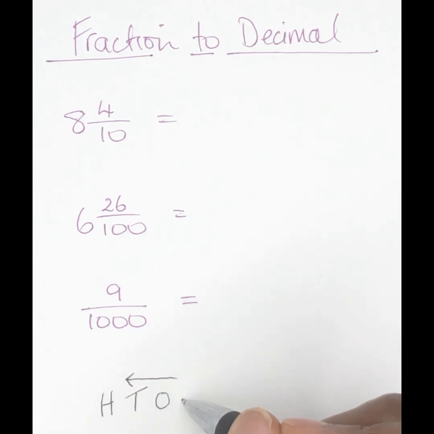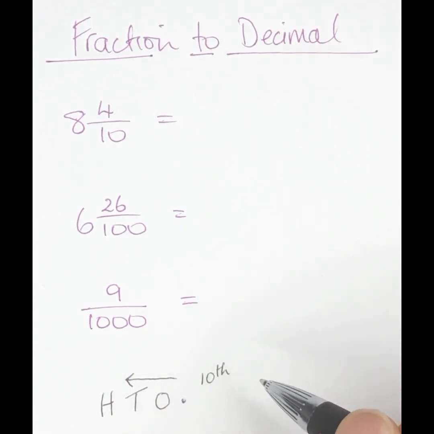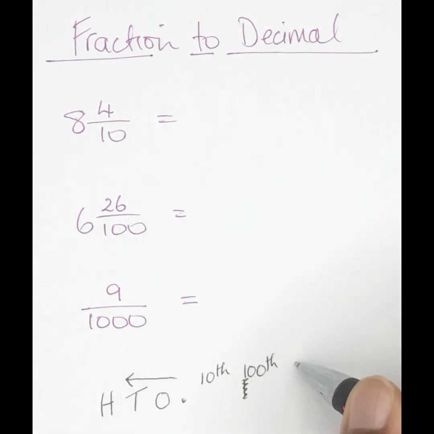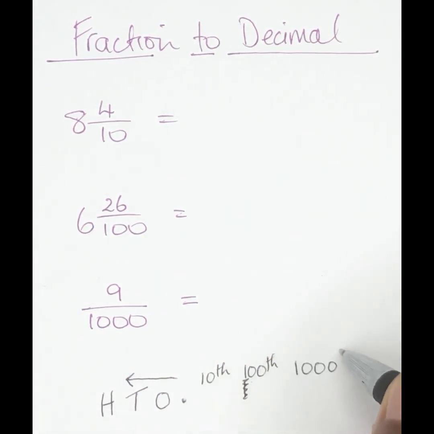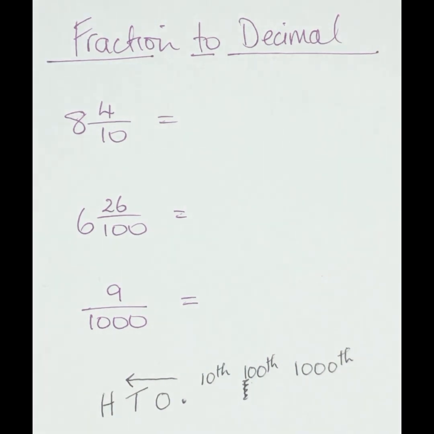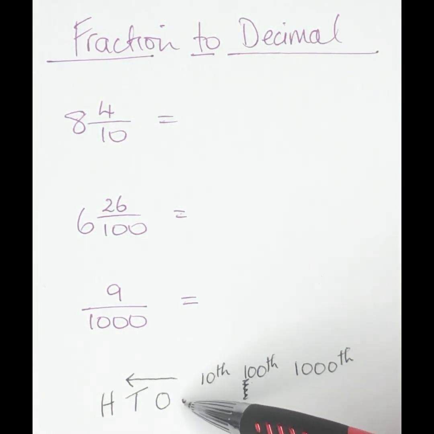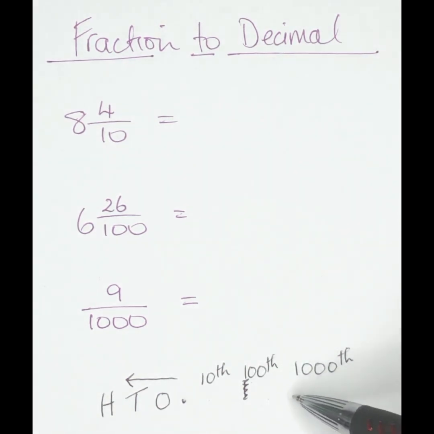Now after you pass through the decimal, the first place value is the tenth place, with a TH. Very important. The hundredth place goes up here. And then the thousandth place is the third place from the decimal point. So the first place is the tenth, the second place value is the hundredth place, and the third is the thousandth place.